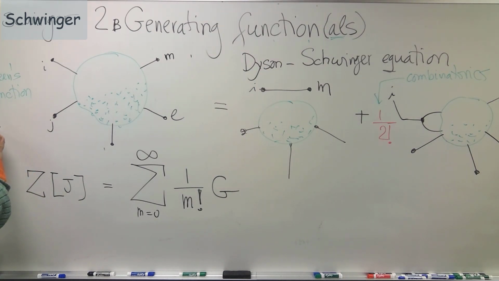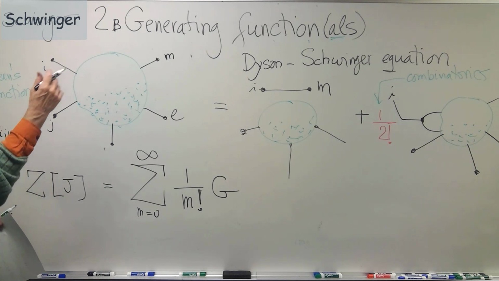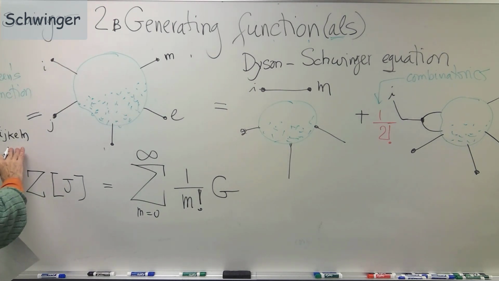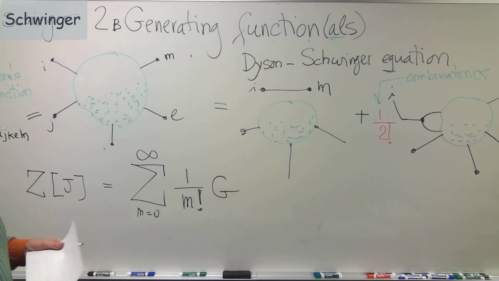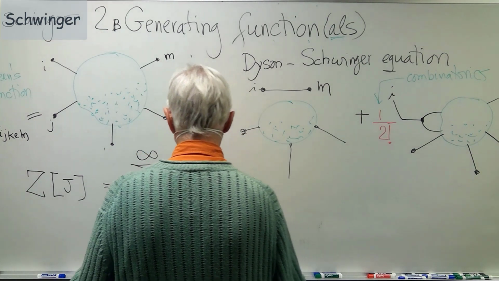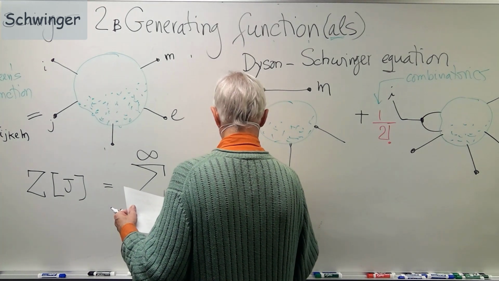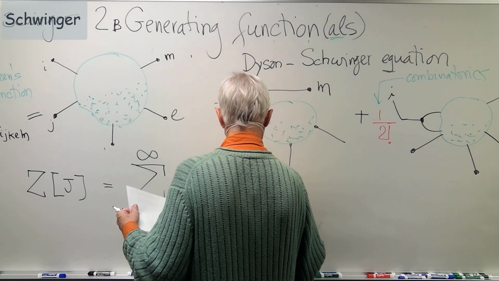If I insist to write it like Schwinger did without drawing pictures, I write an expression for this 5-index array, where for any particular value of the labels i, j, k, l, m, G, or Green's function of i, j, k, l, m is some number, real or complex. So I have a big array indexed by 5 indices of these things.